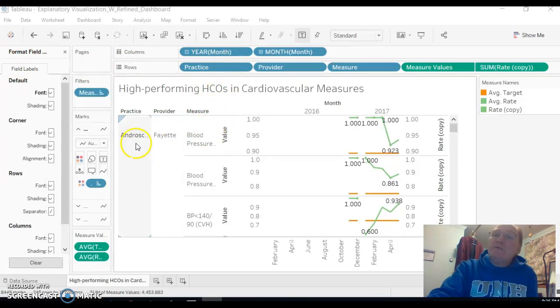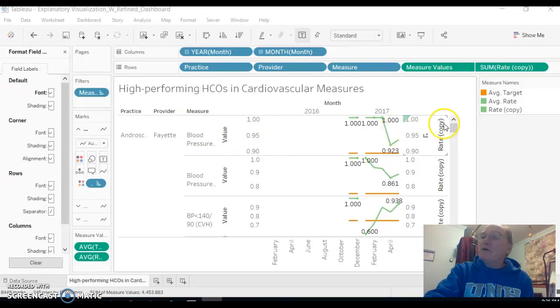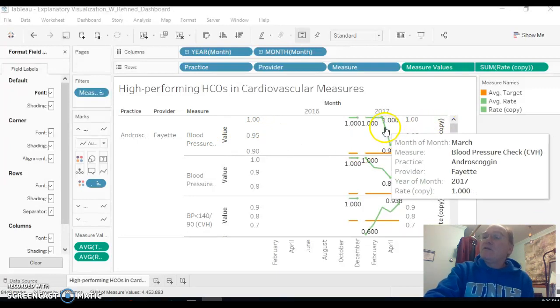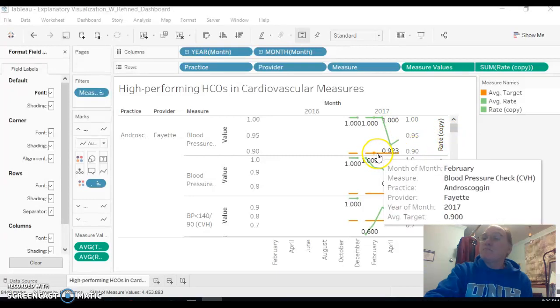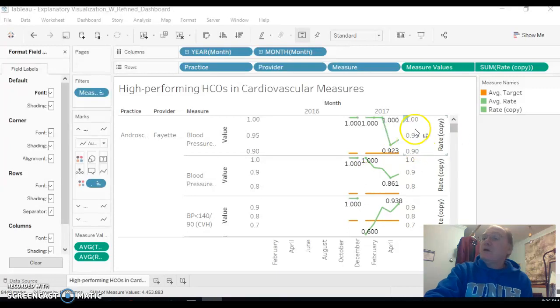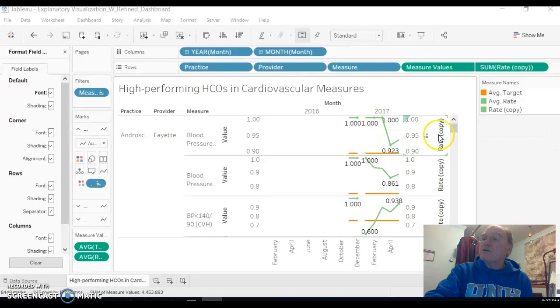As you can see here, we've got information from Androscoggin, the practice, and Fayette, which is the provider. You can see that there are some gaps in the data here, but generally the provider performs above the standard targets, which is shown right here. And then you've got the maximums here and the minimums here for the provider's performance with this target.